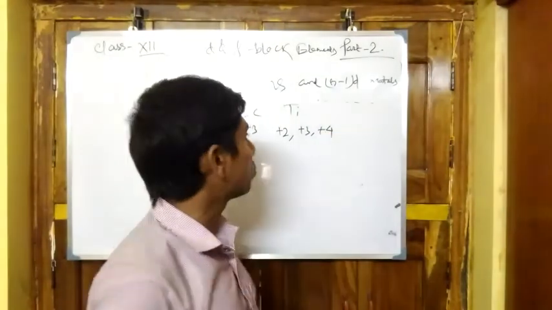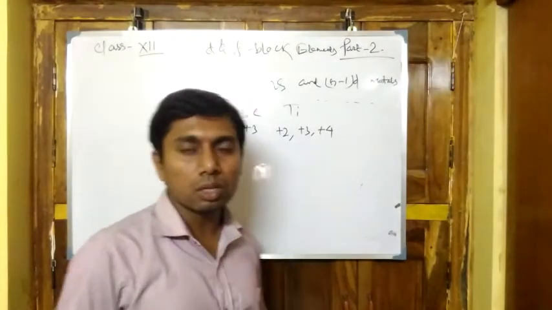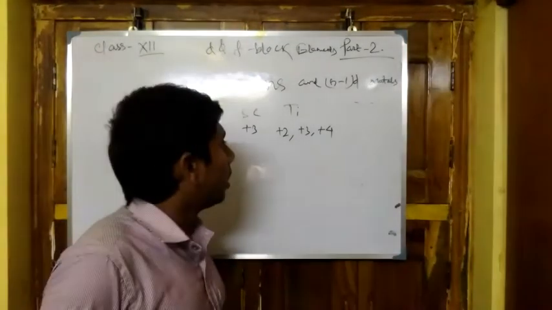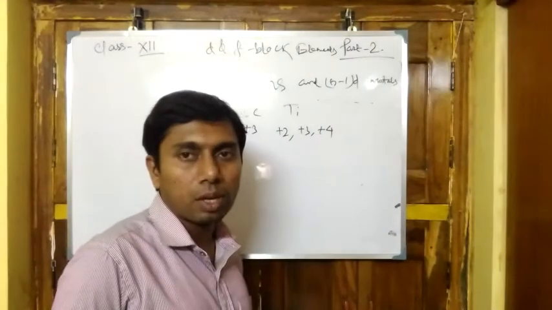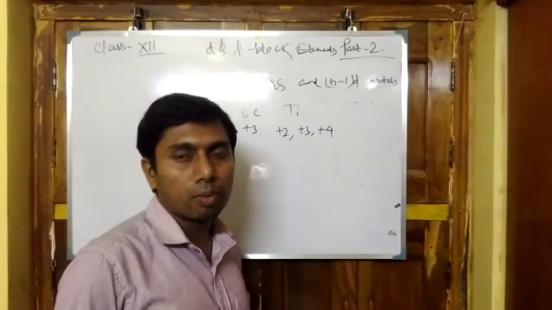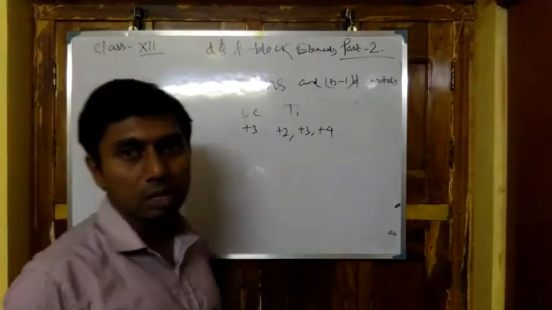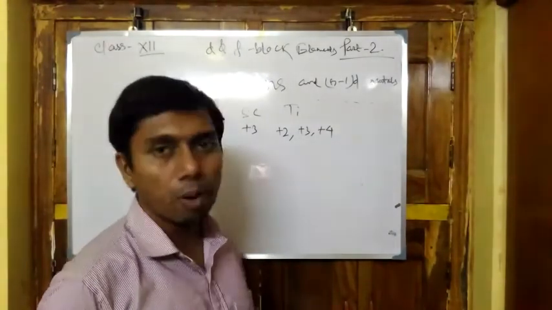In the +2 state, it releases 2 electrons, the s electrons. In the +3 state, one electron from the d orbital is also released, or covalency is involved. In the +4 state, compounds such as TiO2 are formed.